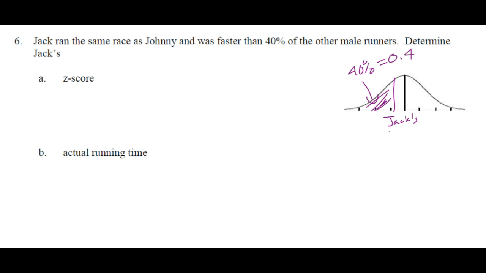This is Jack's z-score. In order to calculate Jack's z-score, we're going to do an inverse norm on 0.4. And that's all we need, because he's faster than 40%.